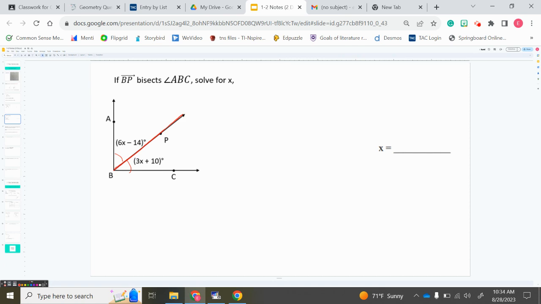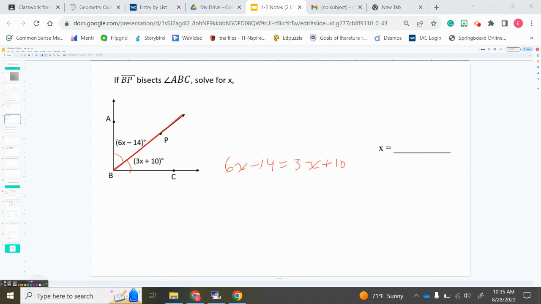If they're congruent, that means they're, Luis, what do you think? If they're congruent, they're, we just talked about it. Yeah, they're equal. If they're equal, you can solve for x. So this will be 6x minus 14 equals 3x plus 10.